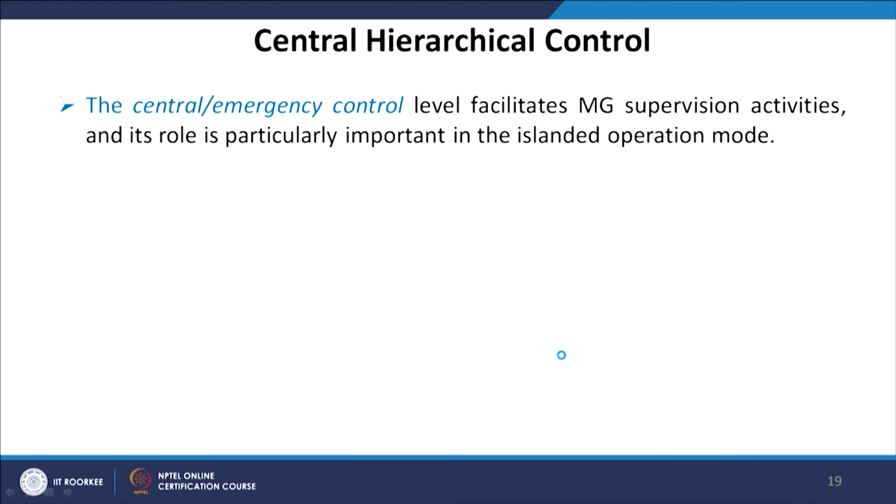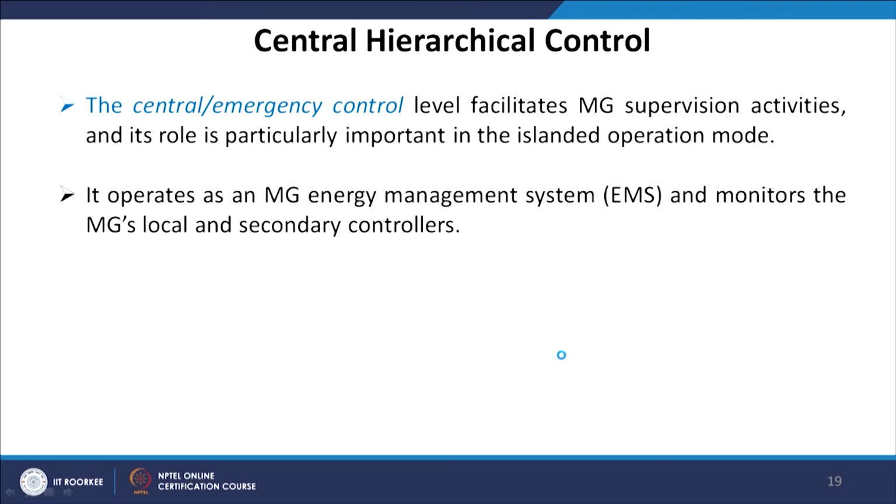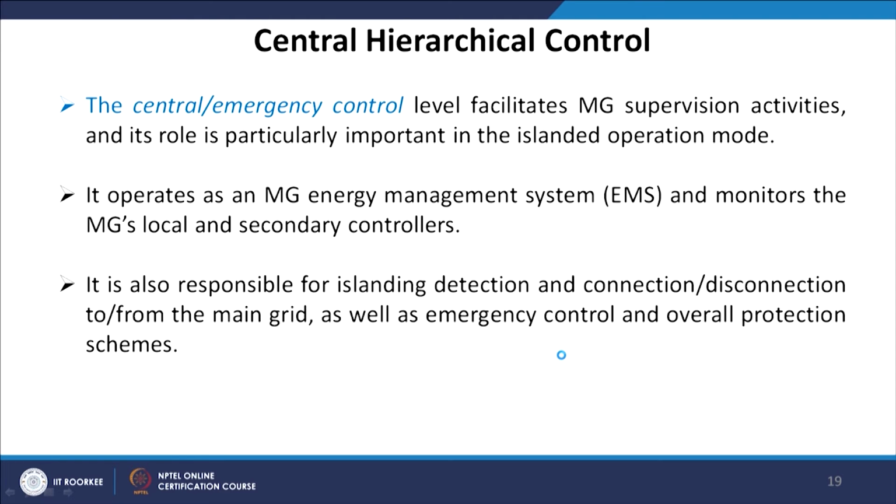Now, the central hierarchical control facilitates microgrid supervision activities, and its role is particularly important in the islanded mode of operation. It operates as a microgrid energy management system and monitors the microgrid local and secondary controllers.